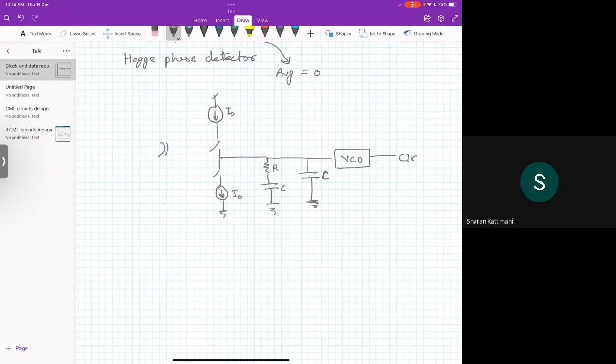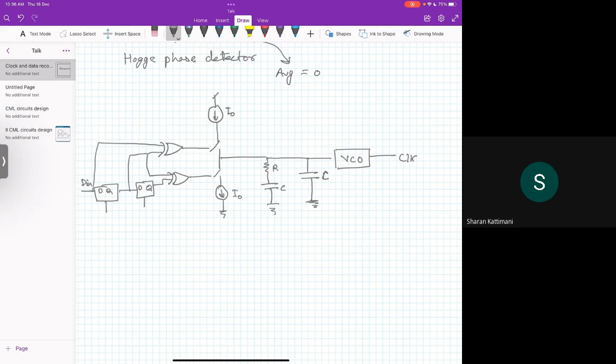So the phase detector will give a signal here, and another signal we will apply here. Okay, and these two will be connected, and there will be a D flip-flop, and there will be another D flip-flop, and the corrupted data will be applied here, and the output will be something like this.